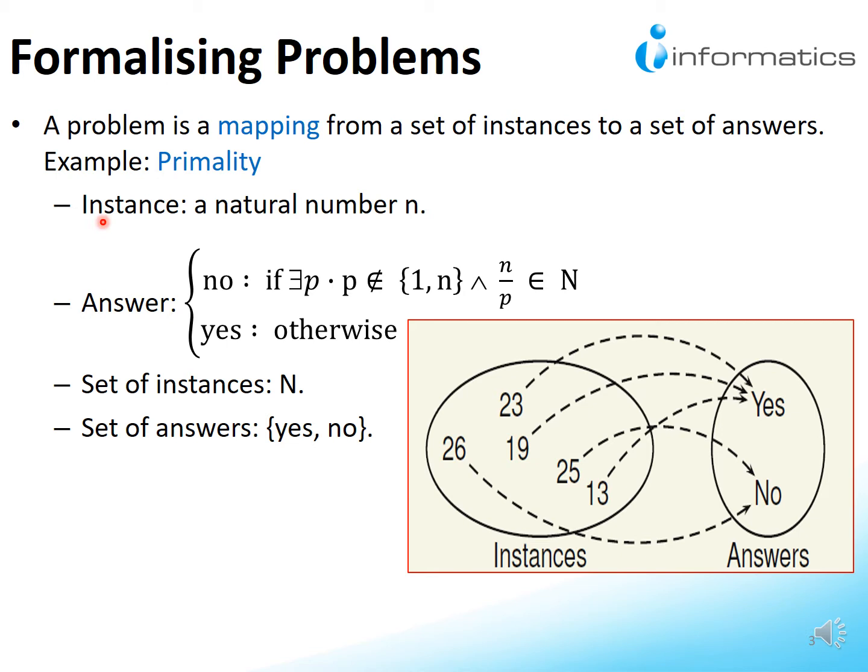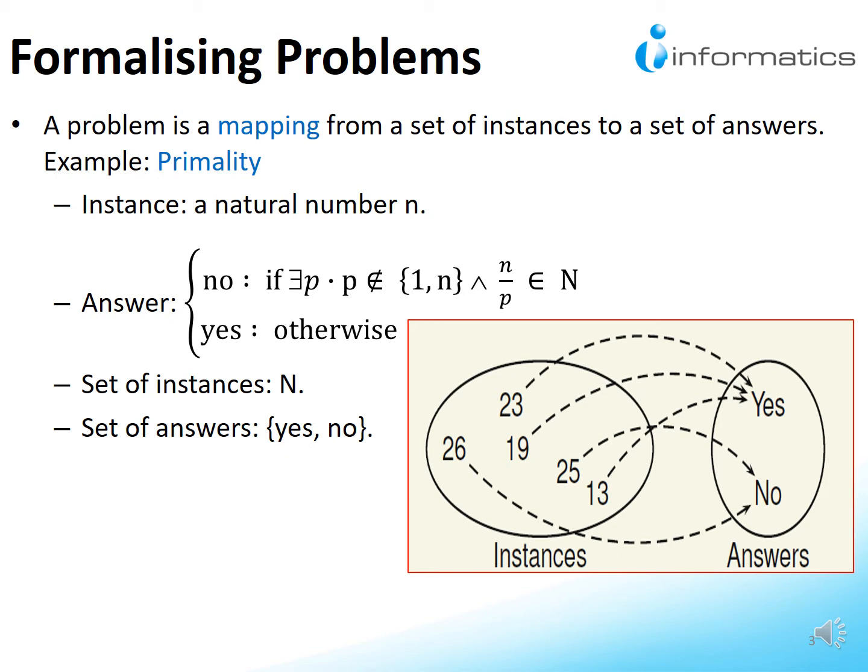So, for this problem, the instances are natural numbers. The answer, according to the specification, should be no if it can be factorized into two proper factors. In other words, if there exists a number p such that p is not 1, p is not equal to n, and p divides n perfectly.